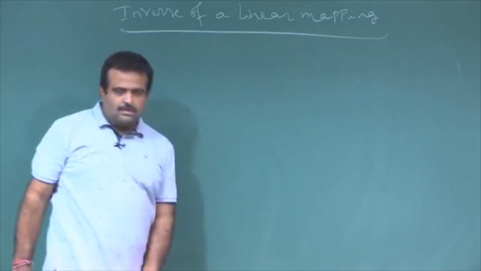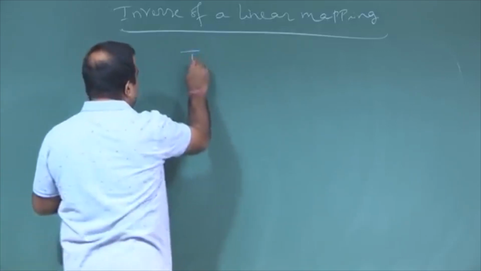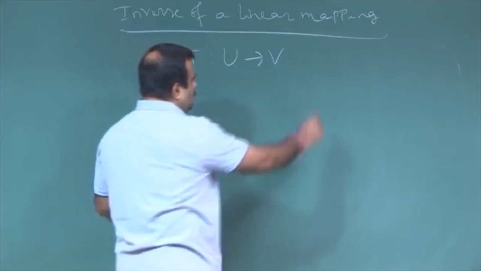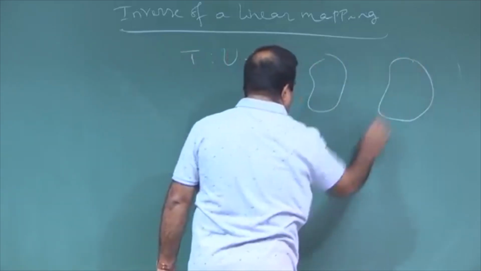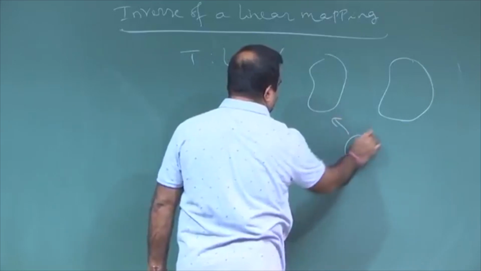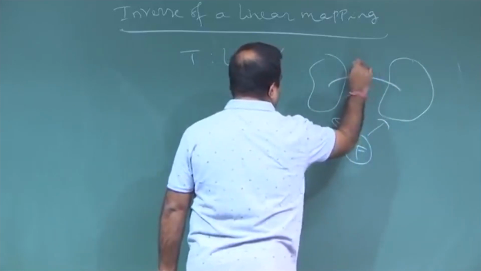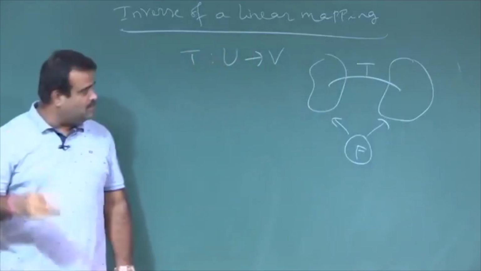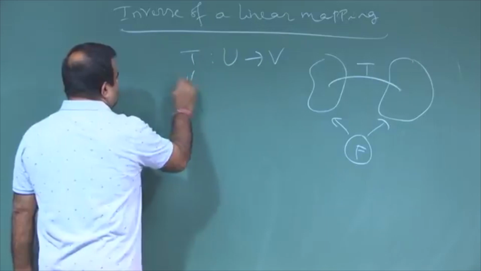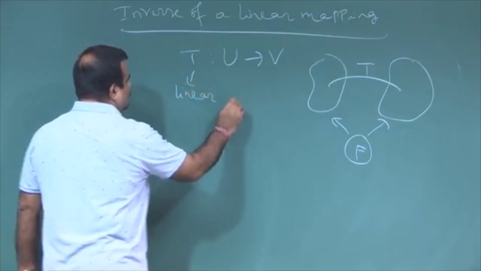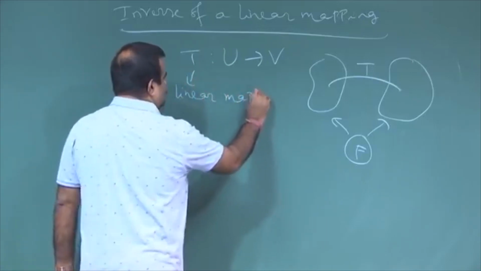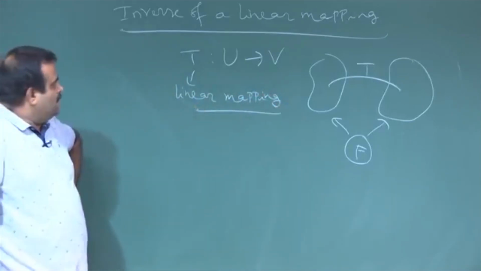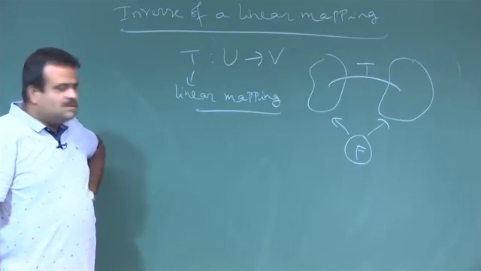Now, suppose we have a mapping from U to V. So, suppose we have two vector spaces U and V over the same field F. So, this is our T. Now, we suppose this is a linear mapping, a linear transformation.